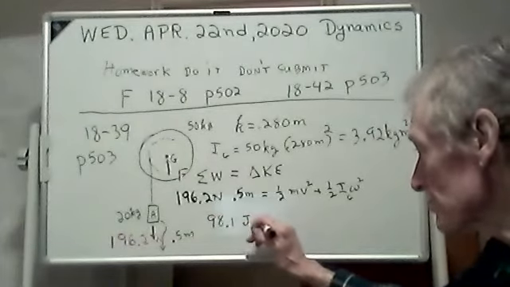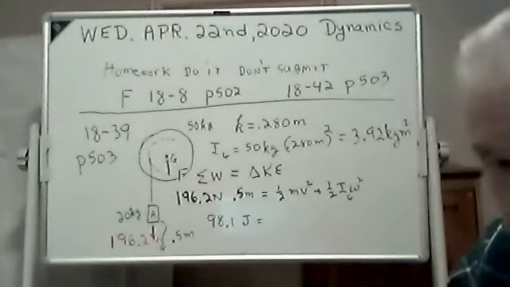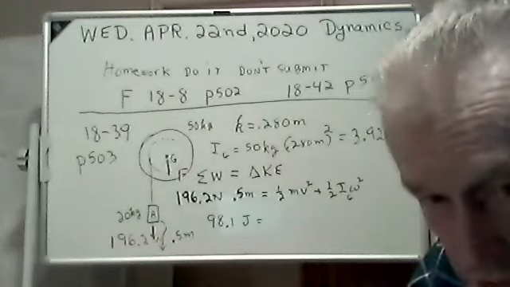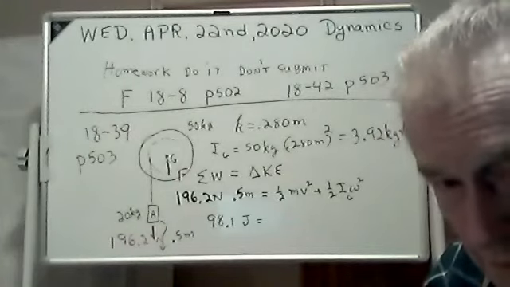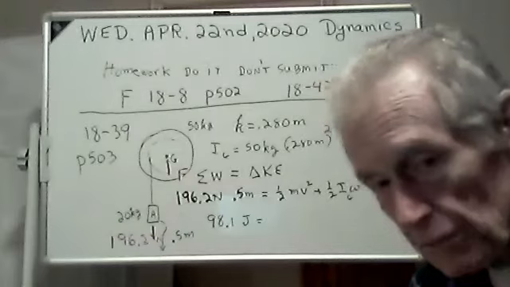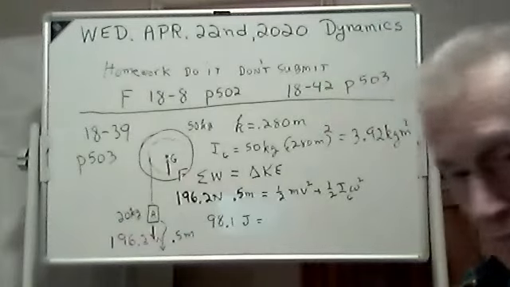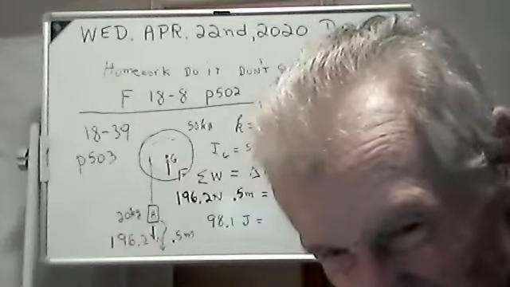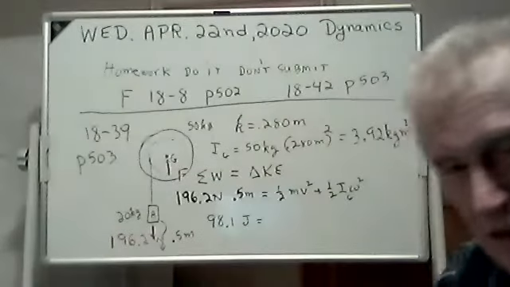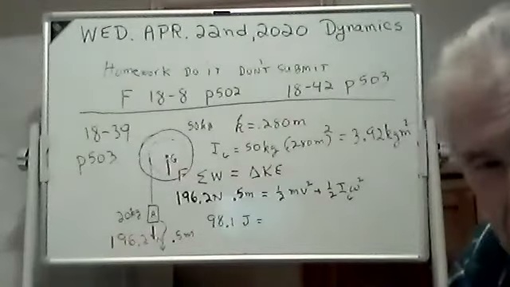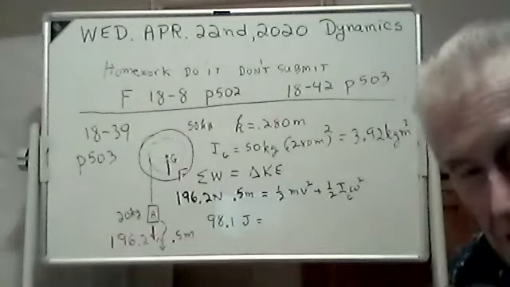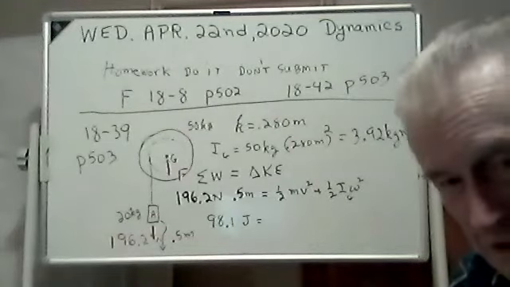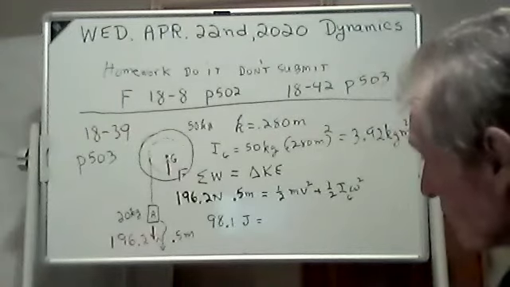Those are joules, aren't they? See, newton meters are joules. 98.1. Okay, great. You know what? On my screen, everything's backwards. I hope it's not backwards on yours.